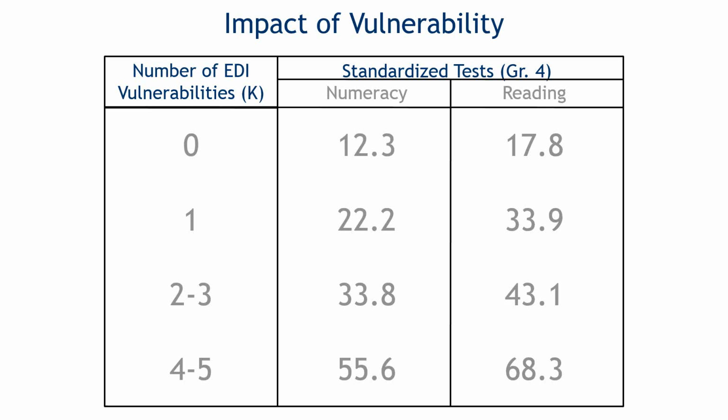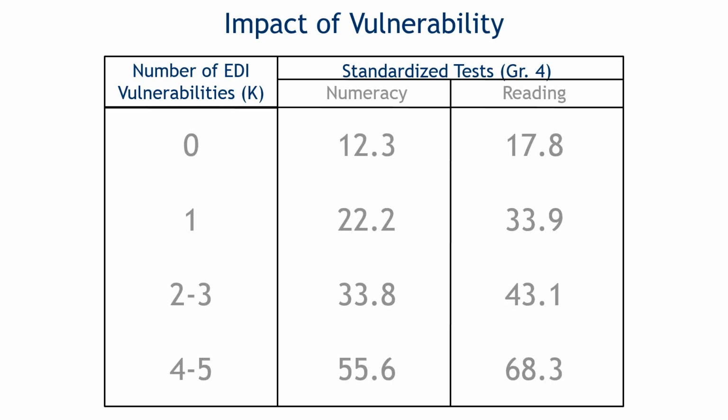So if kids are coming into school with no vulnerabilities, then 12.3% of those kids are not meeting expectations or passing the grade 4 standardized assessment tests in numeracy, and 17.8% of them are not passing in reading. If they have 1 vulnerability, you can see that that goes up to 22.2% of kids who aren't meeting expectations in numeracy, and 33.9% that aren't meeting expectations on the reading assessment.